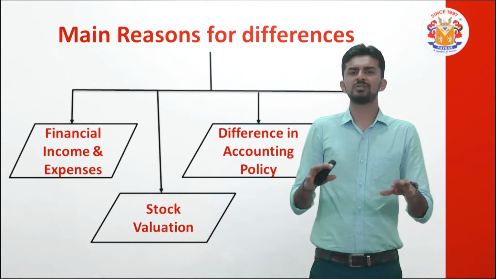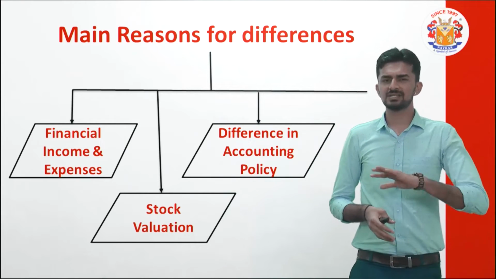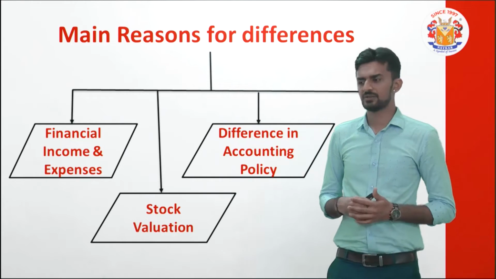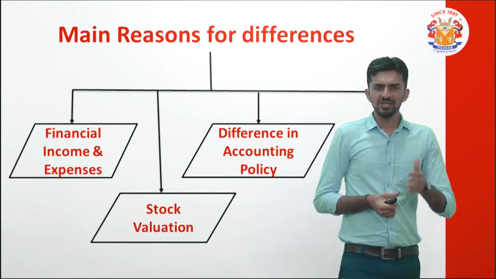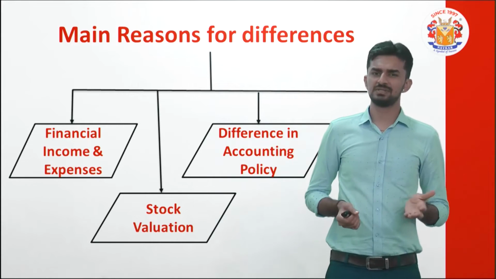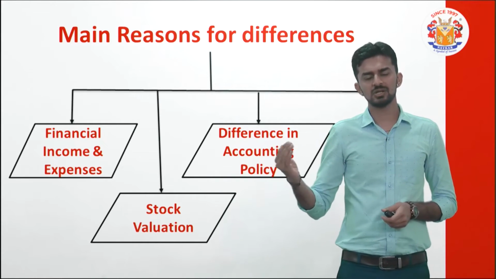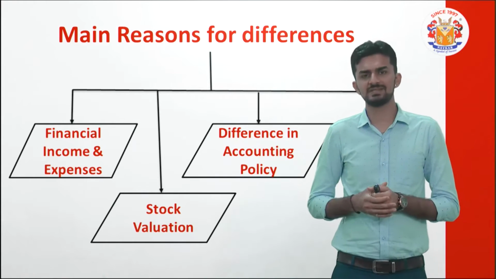This is a very general reason, and there is no proper explanation for this. It's a kind of general. Like, your financial accounting might charge depreciation on SLM basis. Your cost accounting might charge on WDV basis. Difference in accounting policies.